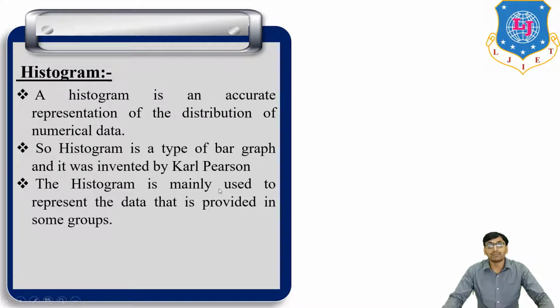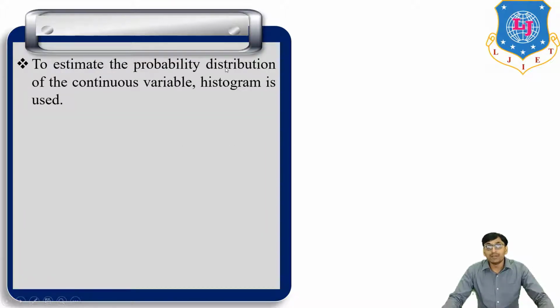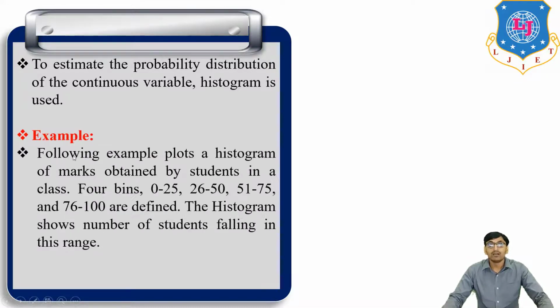The histogram is mainly used to represent data that is provided in some groups. Okay. A histogram usually consists of bins of data, containers of data, where each bin has a minimum and maximum value. To estimate the probability distribution of a continuous variable, a histogram is used.